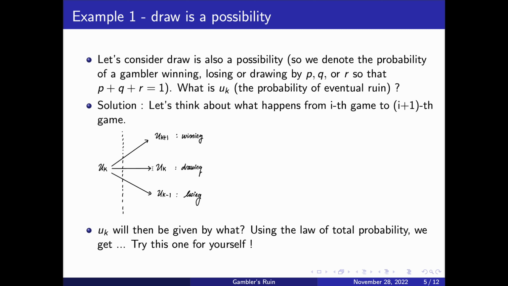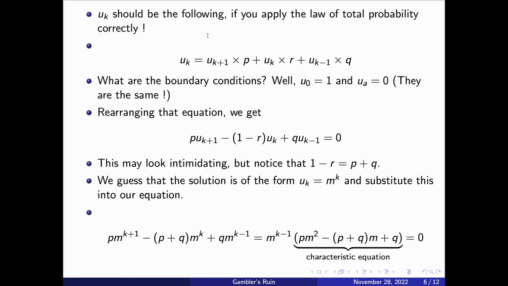So this is what we have, and then we can apply the law of total probability. So what do you think our u_K should be? Pause this video for a second. Try to come up with your own equation for u_K. You should get something like this.